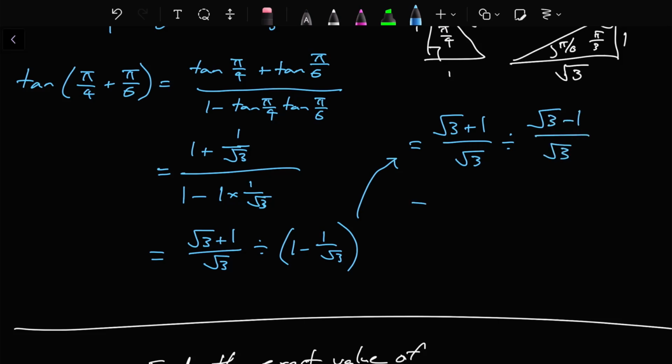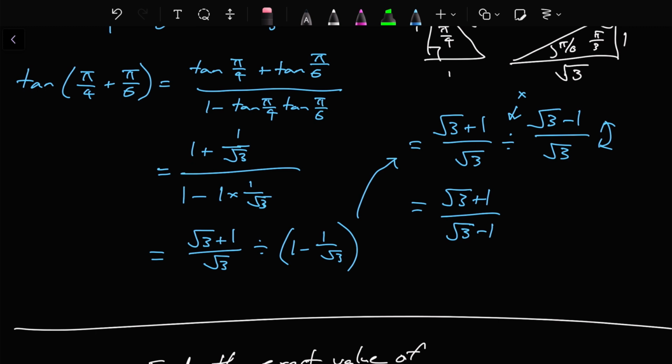So then we can just KFC it, flip. So flip, change this to a times. So it becomes, well, actually that'll be nice because now these root 3's will cancel out. So we get root 3 plus 1 over root 3 minus 1.